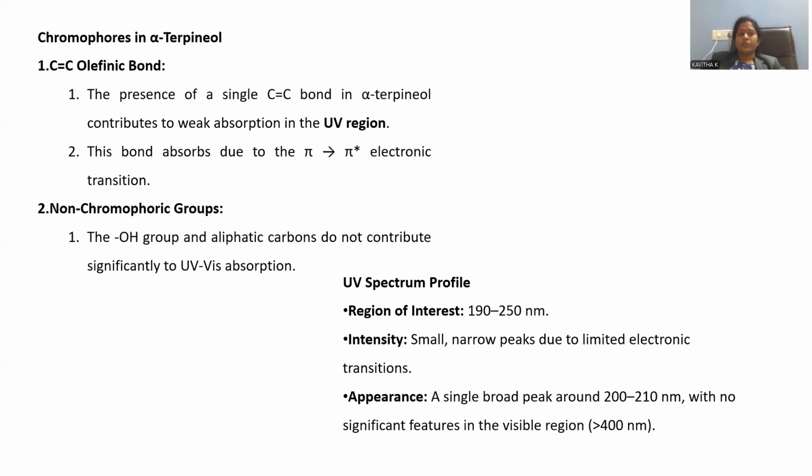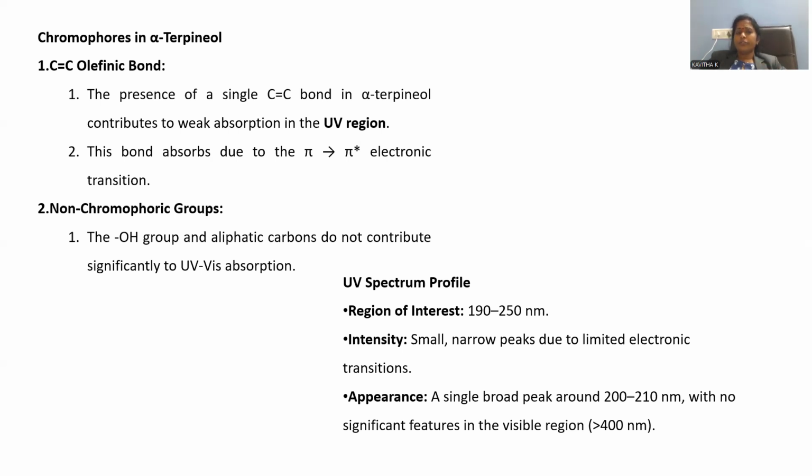Later on, we entered the next segment: alpha terpineol tested in the UV visible region, UV visible spectroscopy. UV visible spectroscopy is generally utilized for the detection of unsaturation present in the molecule. Whether the molecule is cyclic or acyclic can be determined by means of Woodward-Fieser rules.